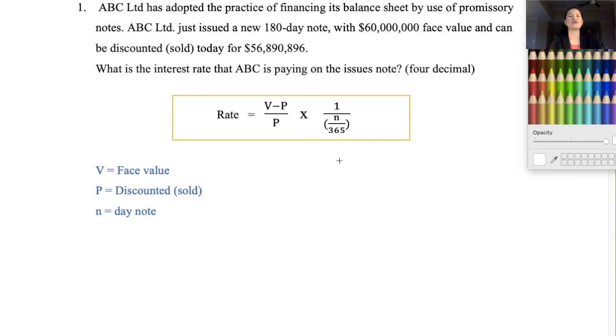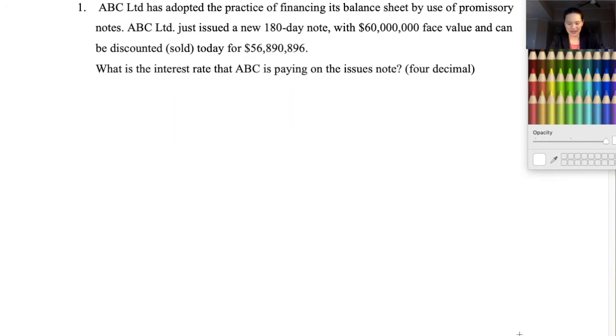Multiply with 1 over n over 365. Okay, how about I write it in a simple way for you? And we're going to do this one together. Let me delete this first. Delete everything. Then we go together step by step.